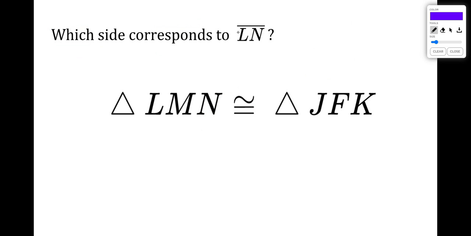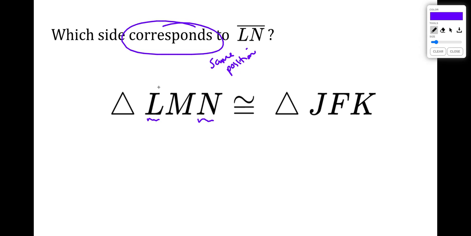Which side corresponds, so it's in the same position, to LN? Here's L, here's N. Order always matters, and the order that you write these triangle congruence statements in is the order that it corresponds to.